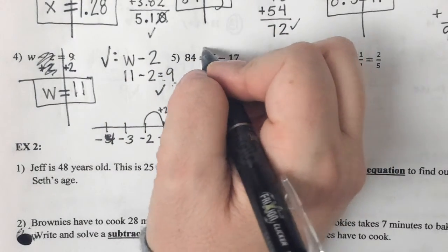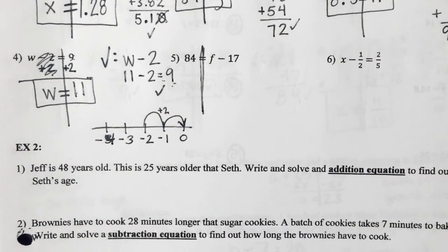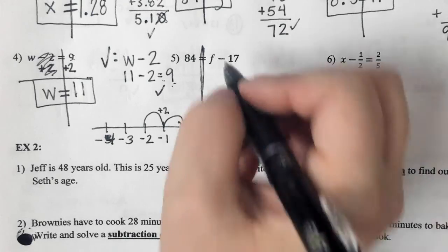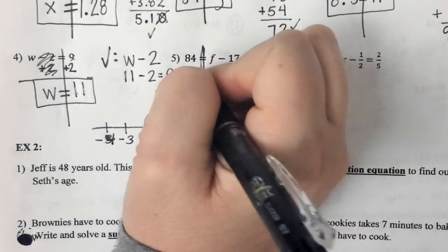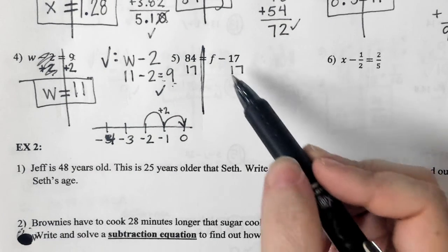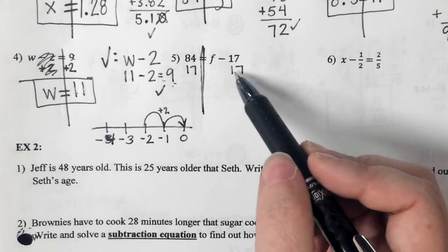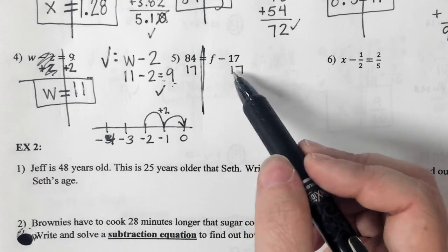Okay. Let's look at number 5. Drawing my line again. Amelia, what number is next to my letter? 17. And what should I be doing with that 17? Okay, so I've got 17 on both sides, and what am I going to be doing with those mathematically?